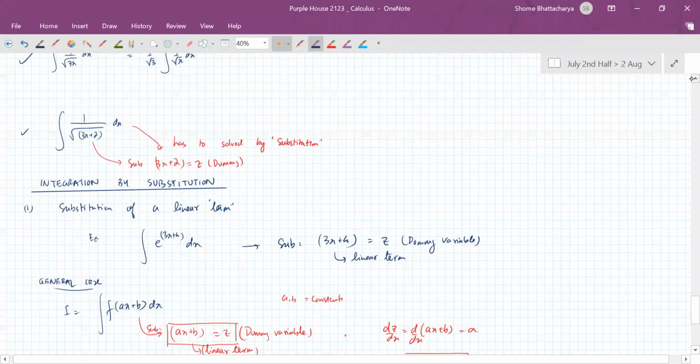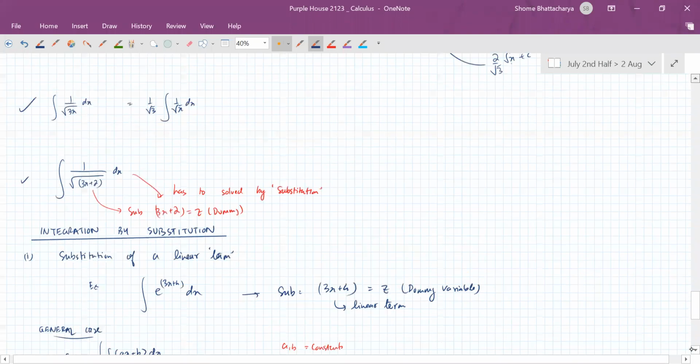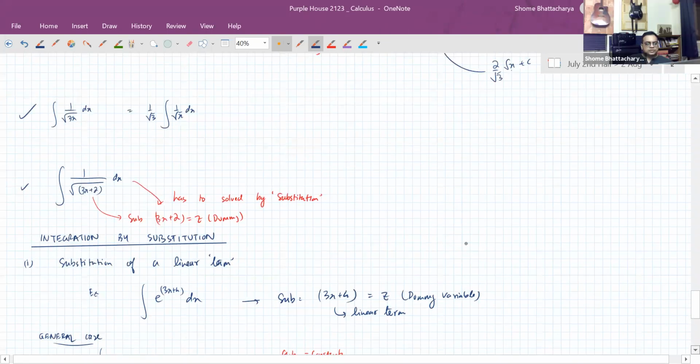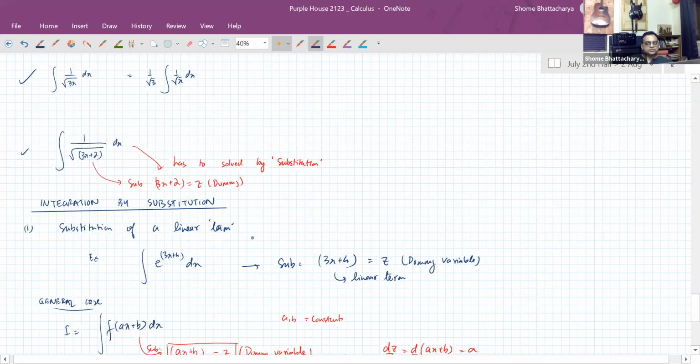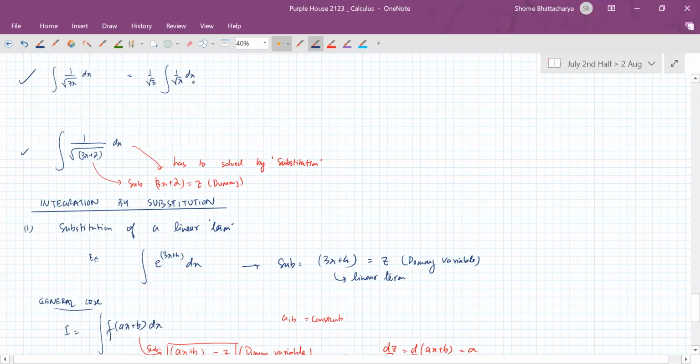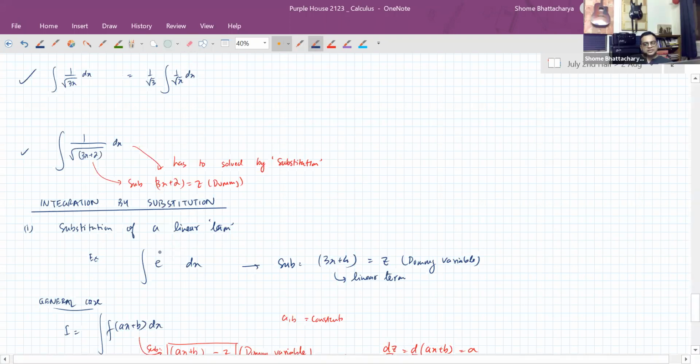We'll come back to the example, don't worry. Just write down up to here first. The example I am showing is e raised to 3x plus 4. I have not completed this example, I have not solved the integral yet.